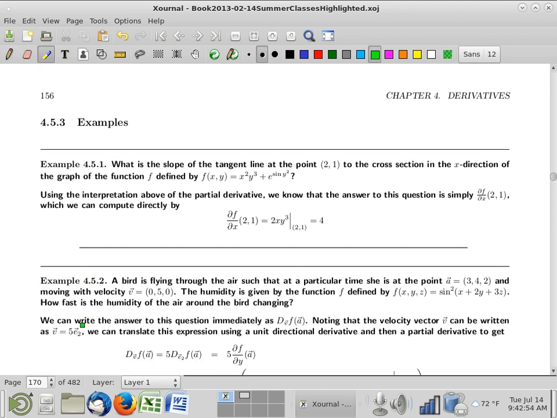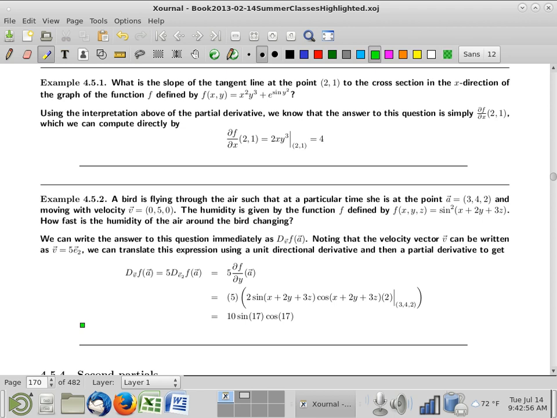So next example. Suppose we have a bird flying through the air. And the bird, at a particular moment, is at that point and moving with this velocity. Okay, now I'm keeping track of a certain function. This is the humidity function.